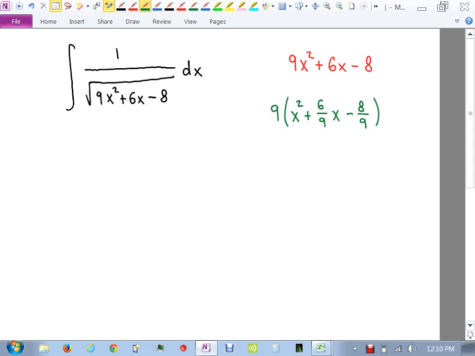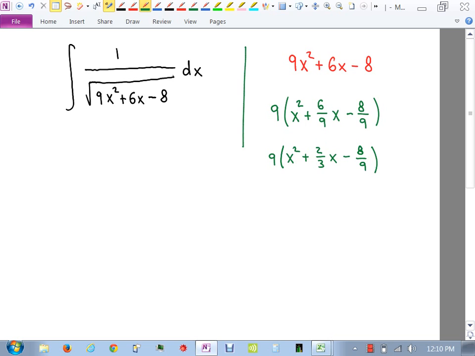Hopefully you've done something like that before in the past. If not, just check it. It's right. Right? Multiply through by 9, you get back the original problem, don't you? I do realize also that 6 divided by 9 is 2/3. I'm just reducing that fraction, just trying to keep my fractions small.